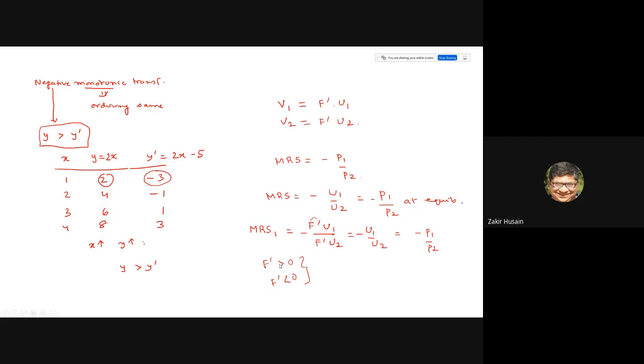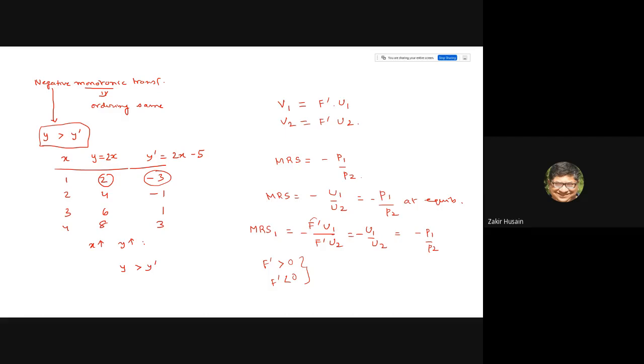F prime indicates whether the monotonic transformation is positive or negative. So we can see that it doesn't really change the equilibrium condition. Whether it is positive or negative, f prime is going to get cancelled out. So the important thing is whether it is a monotonic transformation or not.